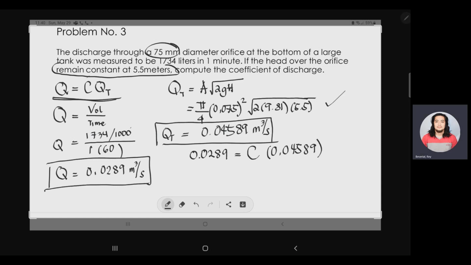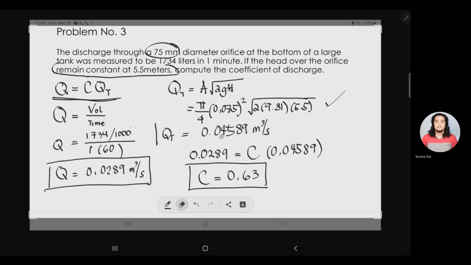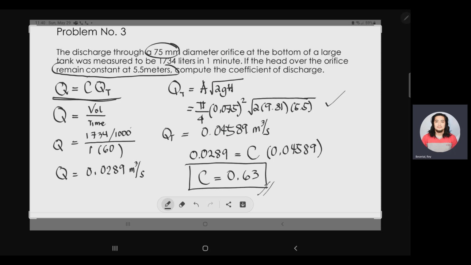So, input sa calculator, shift solve, may value tayo ng ating C na coefficient of discharge na 0.63. So this is our answer para sa ating problem number 3. Okay, next problem tayo.